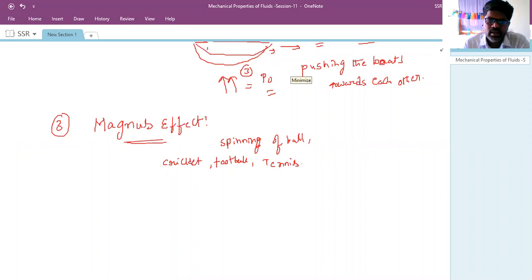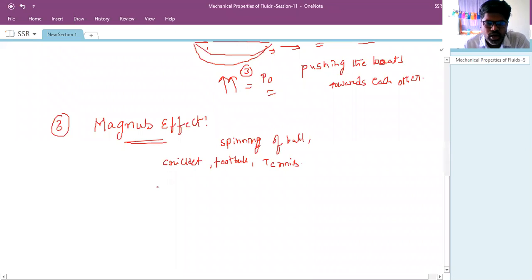So in all the games, what we can see here, when a spinning ball is thrown, suppose when a ball is thrown normally and when a spinning ball is thrown, what is the difference? There is a big difference.